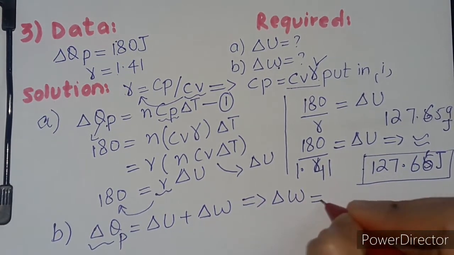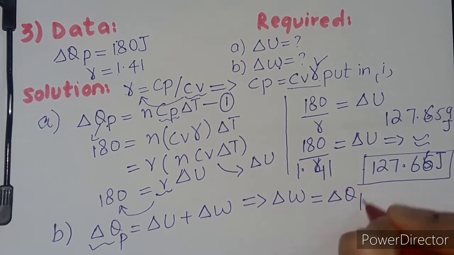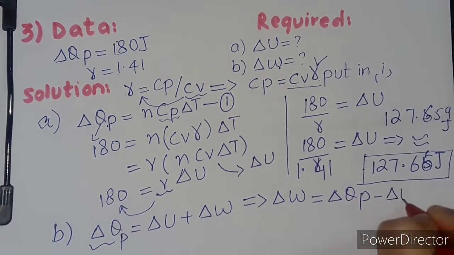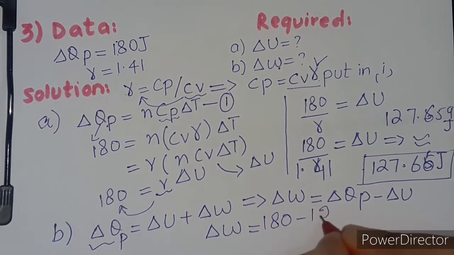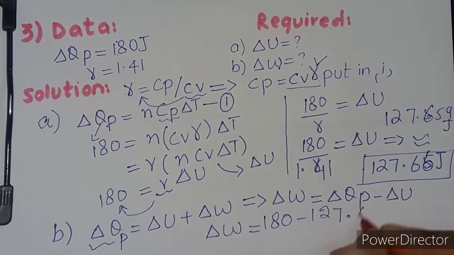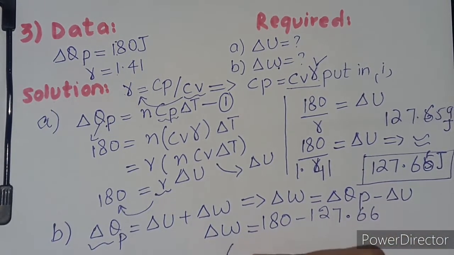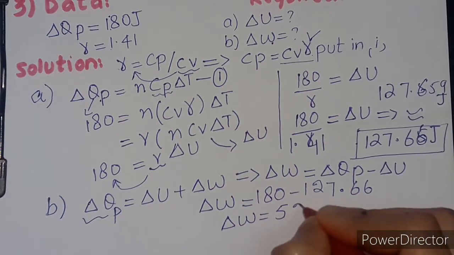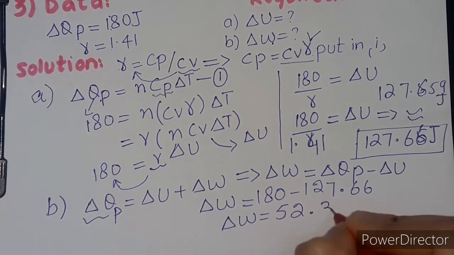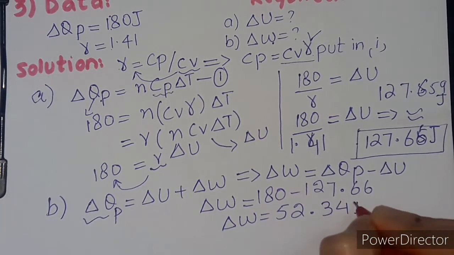Del W is equal to del QP minus del U. So we get the value of del W as 180 minus 127.66, which is 52.34 joule.